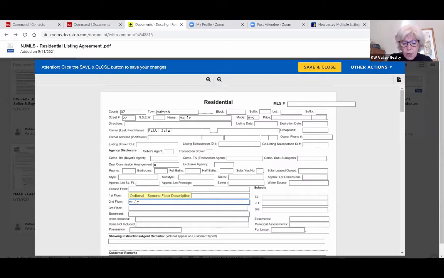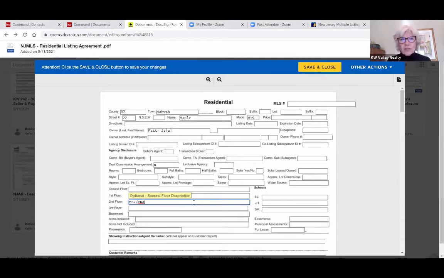Are these starting to look a little familiar to you? These abbreviations? I encourage you every day to go on the MLS, read the listings, not just the price and the town, read them, because you'll come across, what's WBS? When I was new, I was thinking, what is WBS?